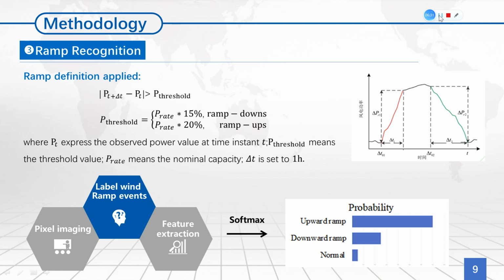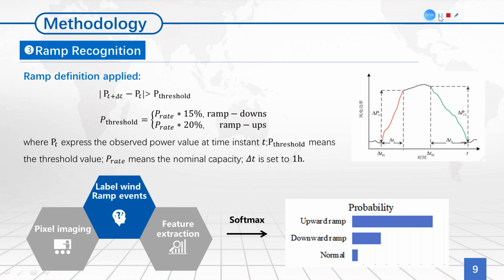In our paper, a downward ramp event is considered to occur if the power change in an hour is at least 15% of total capacity, and an upward ramp occurs if the power change in an hour is at least 20% of total capacity.